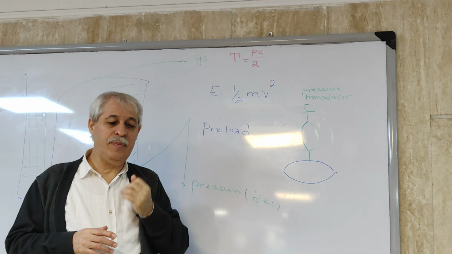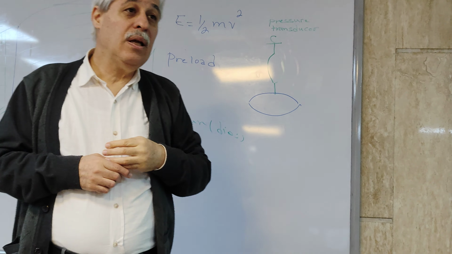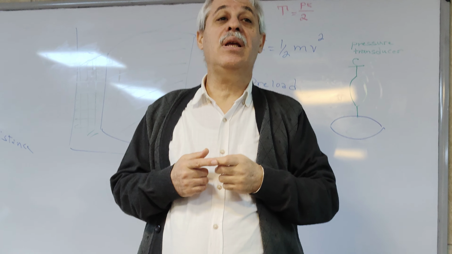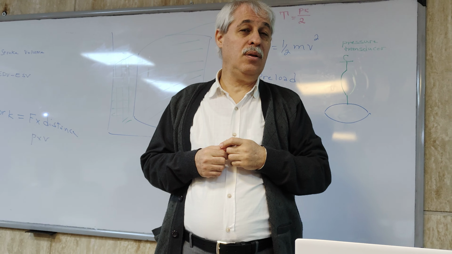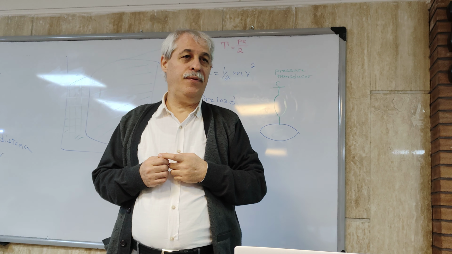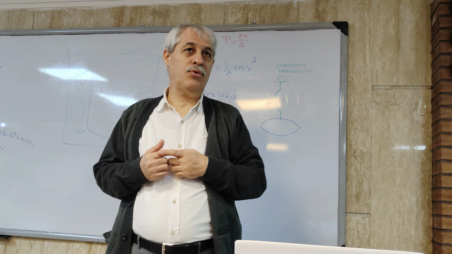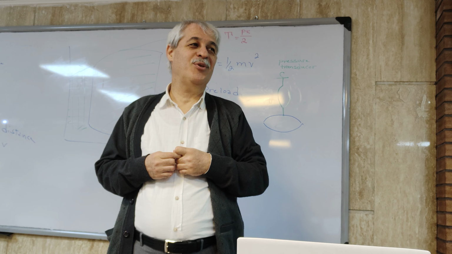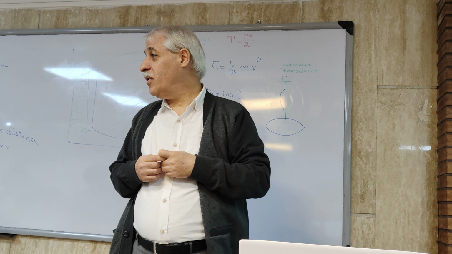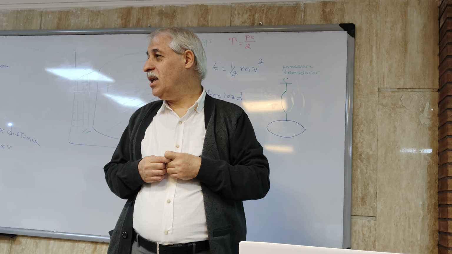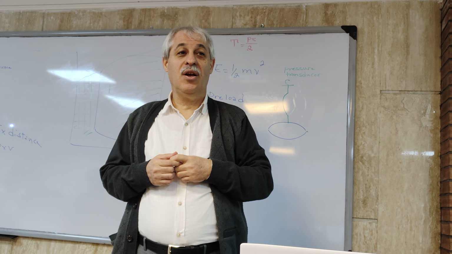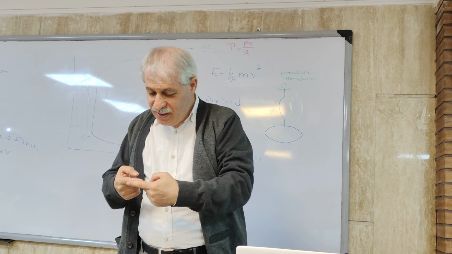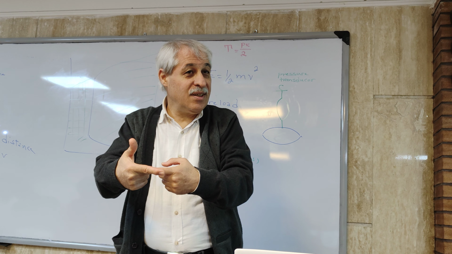This type of wall thickness is called hypertrophy. Concentric hypertrophy. We have two types of hypertrophy in the ventricle. Concentric means added myocytes parallel to each other.